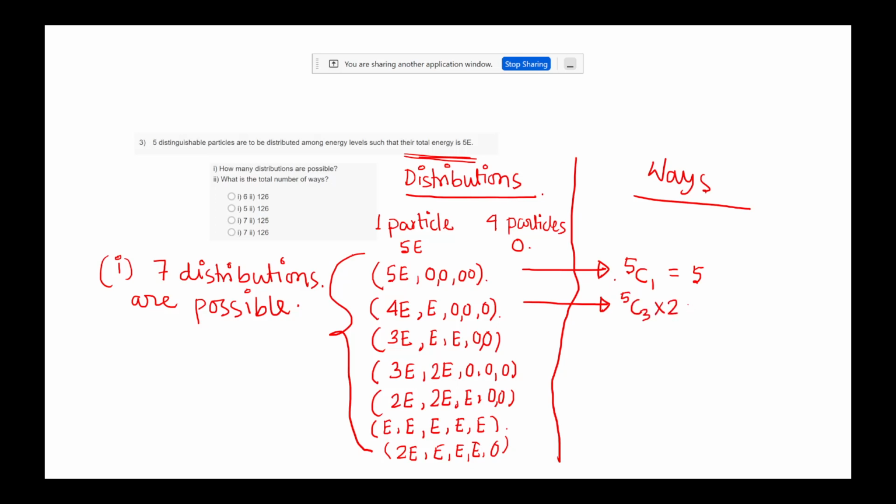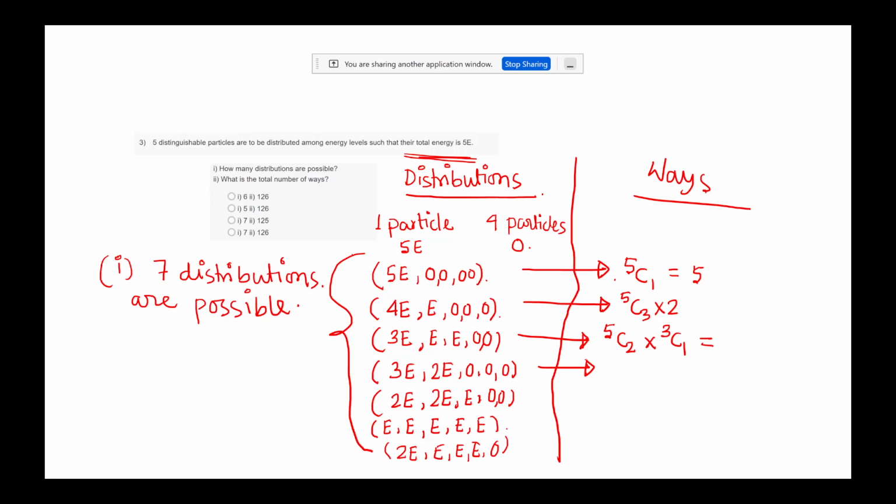Because the 4e and e can interchange. Here 5C2 into 3. Why 3? Because there are three possibilities, like 3 can go to first e, second e. So you choose 1, 2, 3, which is 3C1.